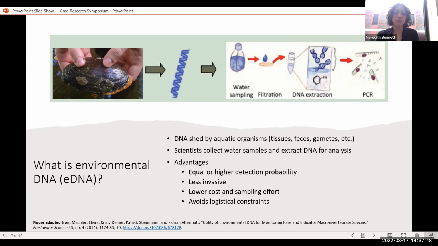It's less invasive because you do not have to actually pick any of the mussels out of their habitat. It's usually lower cost and sampling effort. You need a certain number of people to help with traditional surveys, and that's not true for eDNA. And it avoids some logistical constraints. Sometimes sites are just hard to access, or again, weather conditions might be bad. So it can help with those problems.